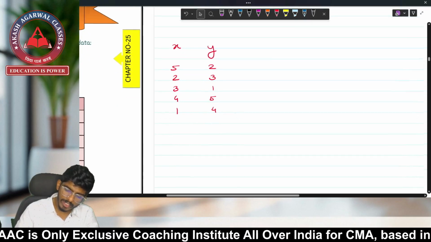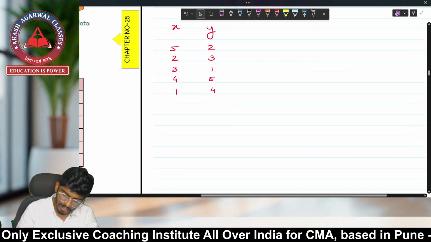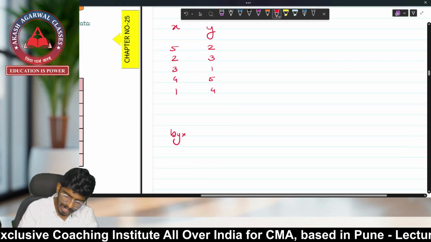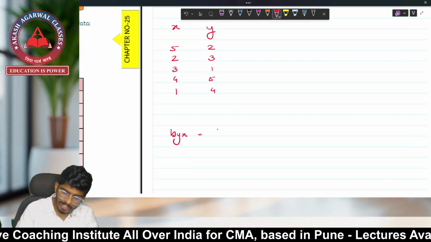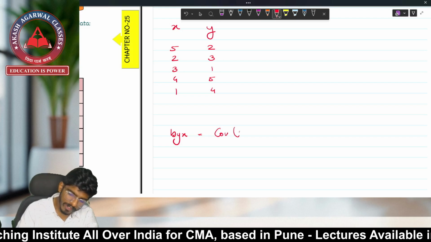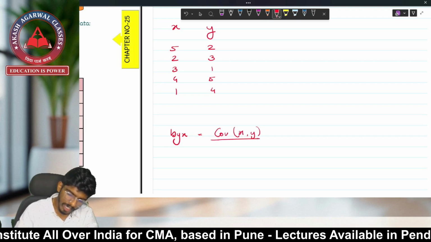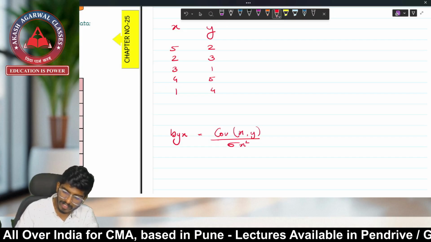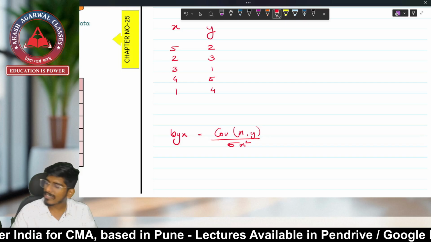Now I need to find byx. So for byx, I am going to use the formula covariance of x comma y upon standard deviation of x square. So I can easily find covariance.